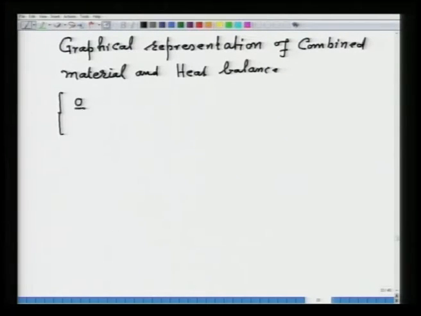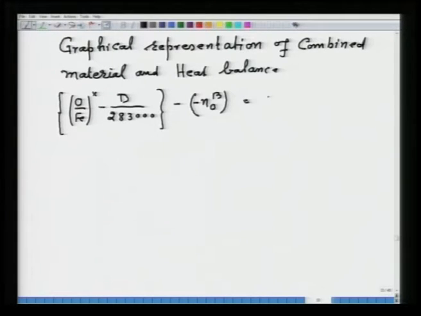Say O upon Fe x minus d upon 283,000 minus NOB, it is minus, that is equal to NCA times 172,000 upon 283,000 minus 0.